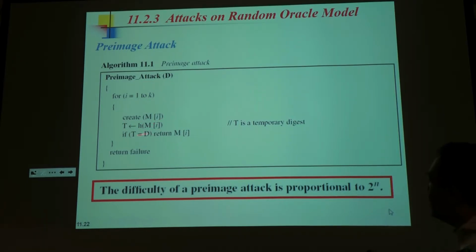Then create the hash and save it in a temporary digest. If the temporary digest equals the digest, return M_i. So the difficulty of a preimage attack is proportional to 2 to the power n. That means the higher the n, the more difficult.